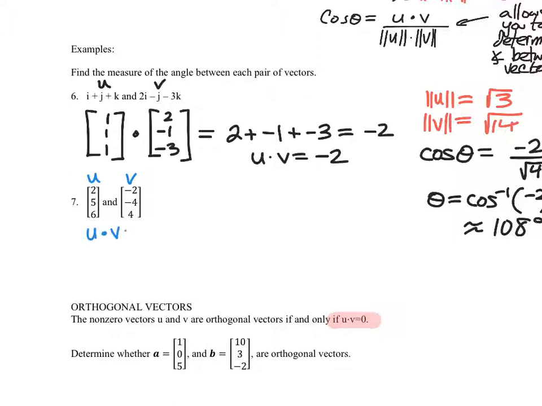One would be the dot product of u and v. Another would be the magnitude of u and the magnitude of v. That's for any situation. But as it turns out in this case, 2 times -2 is -4, plus -20, plus 24. You have a dot product equal to 0, which is actually going to make these two values irrelevant.